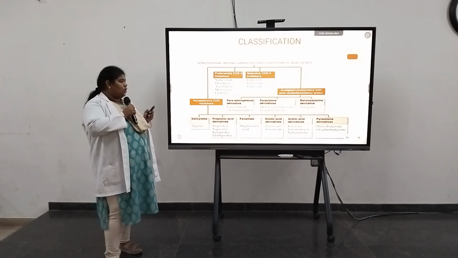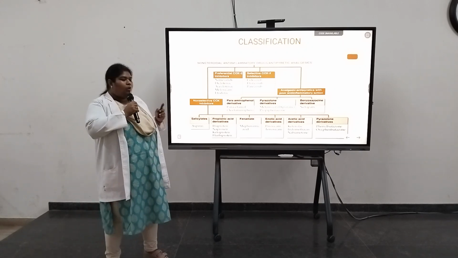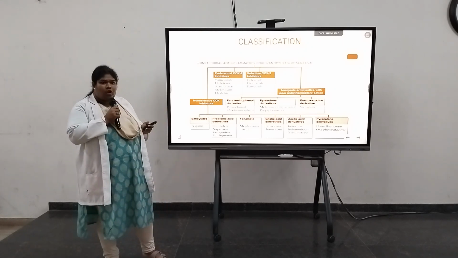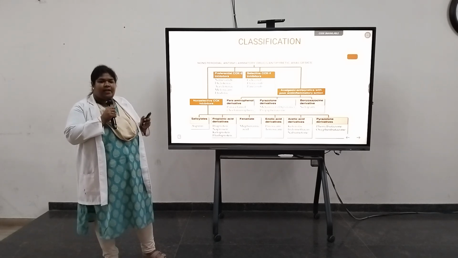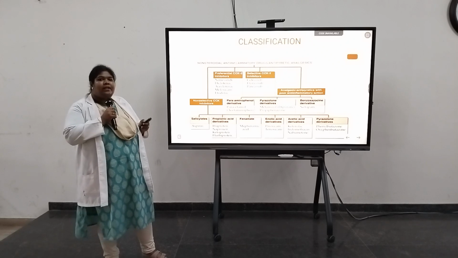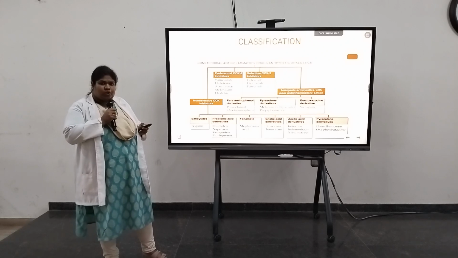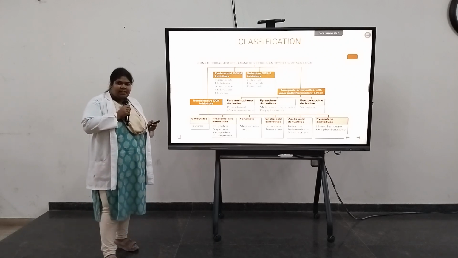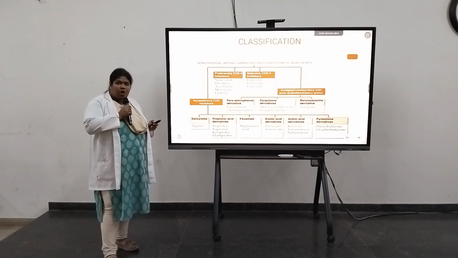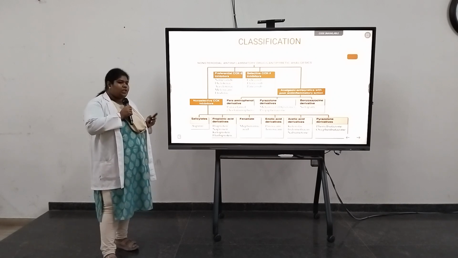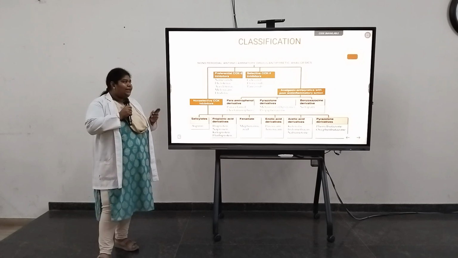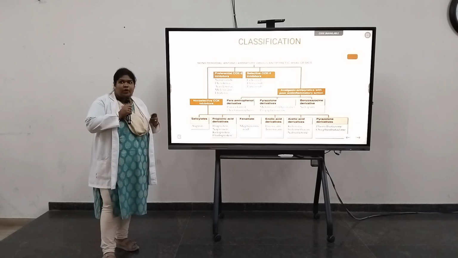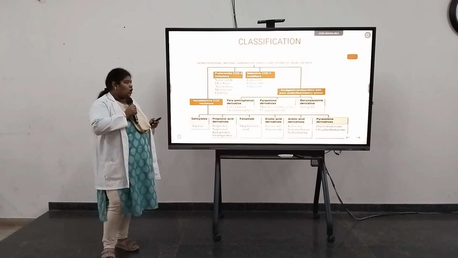There are two isoforms of the COX enzyme, COX-1 and COX-2. Non-selective COX inhibitors act on both COX-1 and COX-2. Preferential means again both COX-1 and COX-2, but most commonly they act on COX-2, so they are called preferential COX-2 inhibitors.